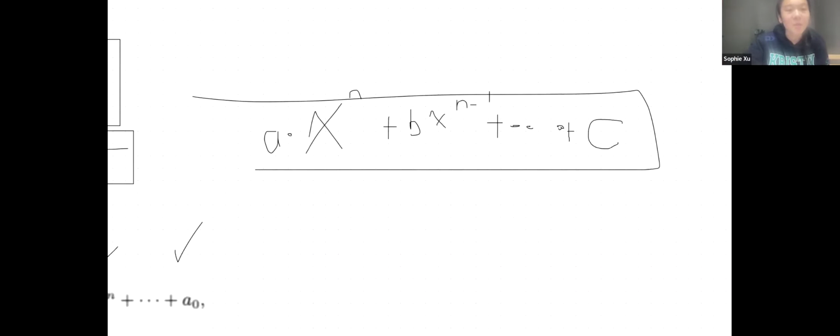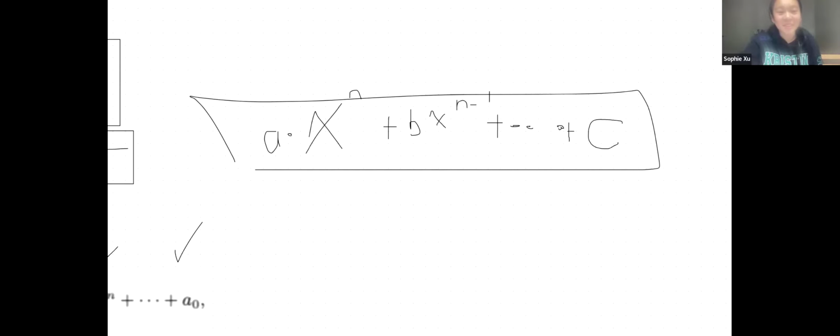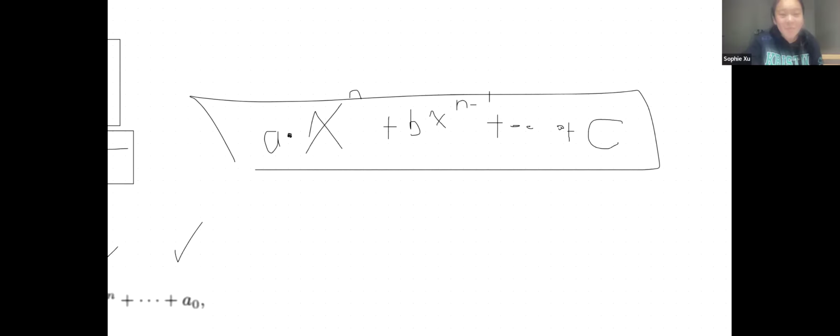Yeah, Kingsley, what's your question or statement? Hello? All right. The thing between the a and the x. It's a dot, yeah, because if I use a times sign here, I'm going to confuse it with the x, because it looks a lot like the x.